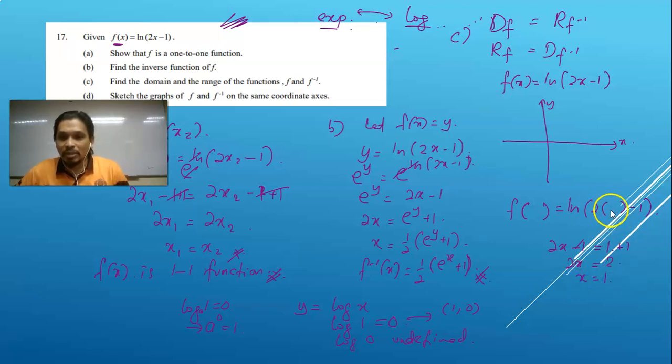Again, 2 times 1 equal to 2, and 2 minus 1 equal to 1. Natural log of 1 equal to 0. So x equal to 1. So what's the value here now? x equal to 1 and y equal to 0.